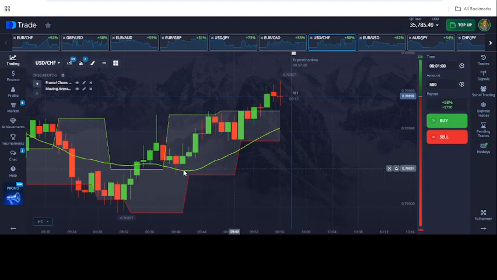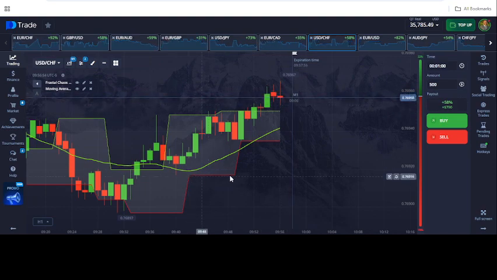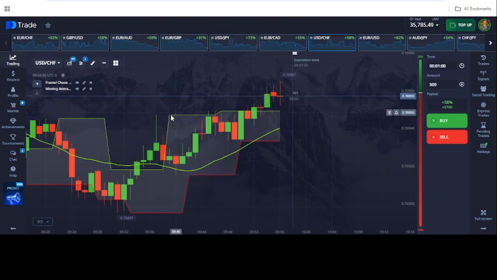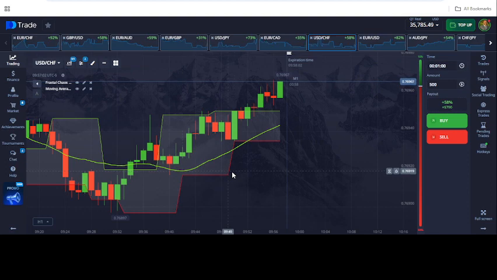That way I'm able to see the Fractal Chaos Band lines, the green band here and the red band. The green band represents a dynamic level of resistance, while the red band represents a dynamic level of support.